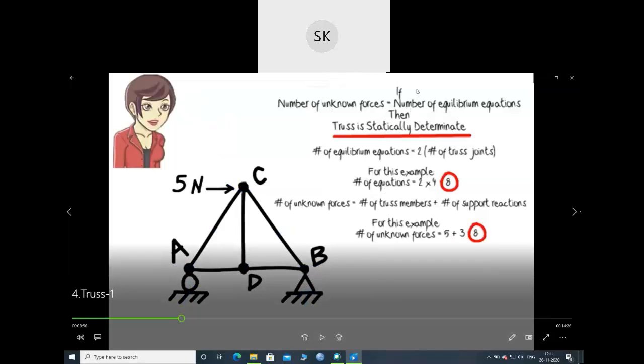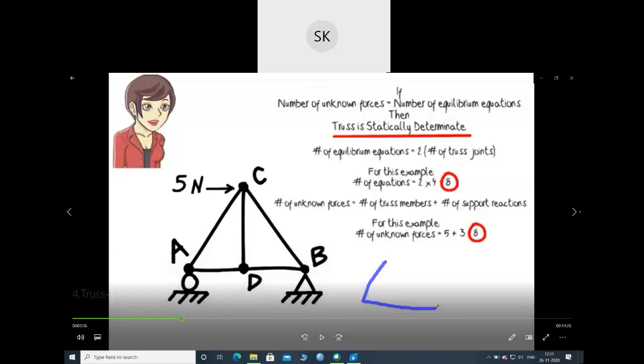Suppose I have a truss like this. This is a joint, this is a joint, this one is a joint. So there is one joint here, one joint here, one joint here, one joint here, and one joint here.